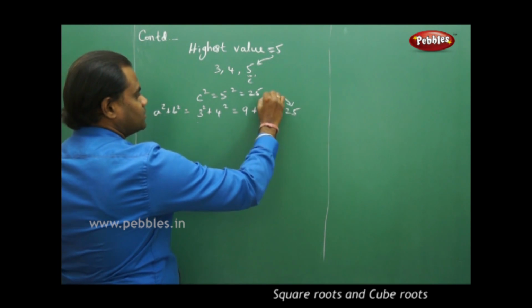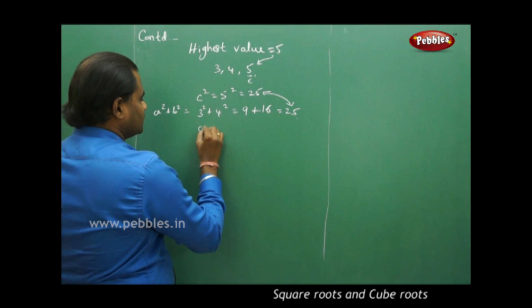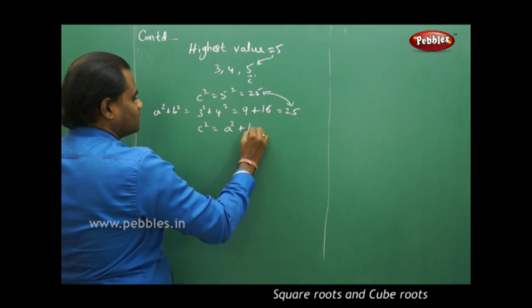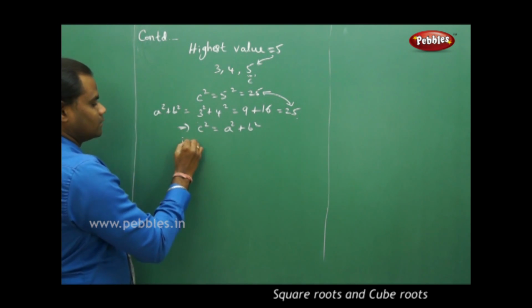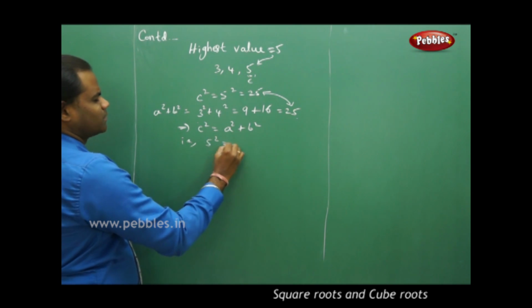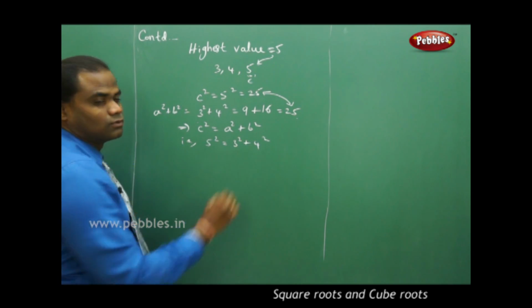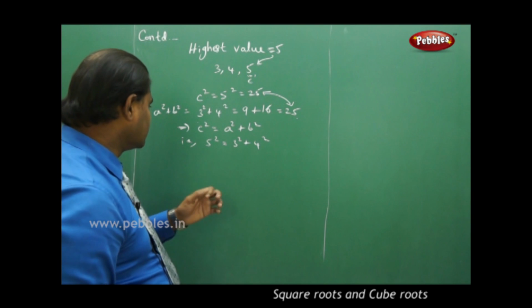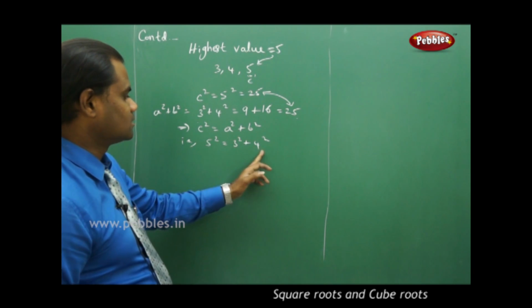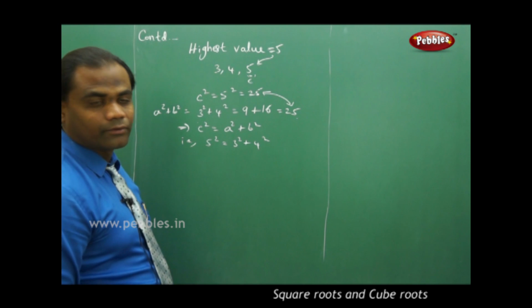So as I see between this 25 and this 25, clearly c square is equal to a square plus b square. That is, my c square is 5 square equal to 3 square plus 4 square. Therefore, I clearly identify that in this case, this forms a Pythagorean triplet.